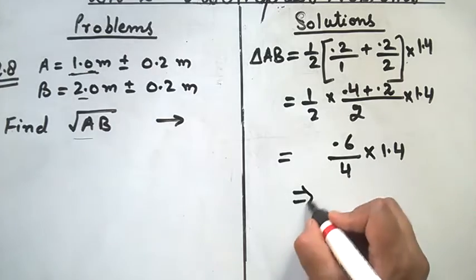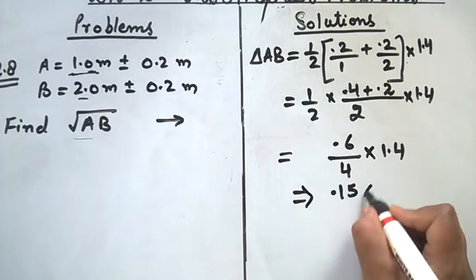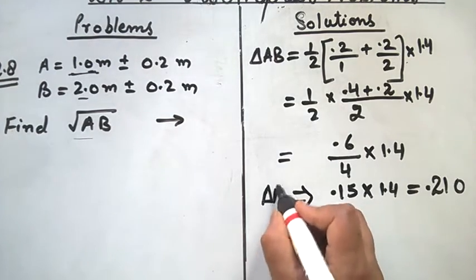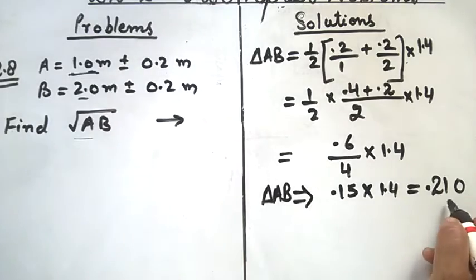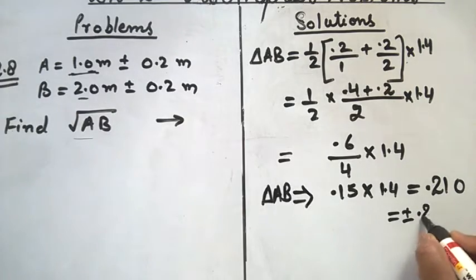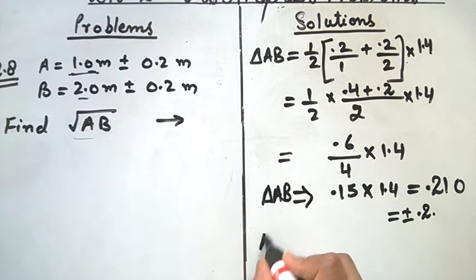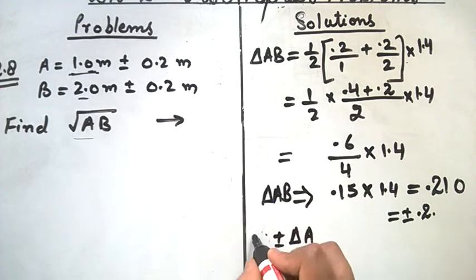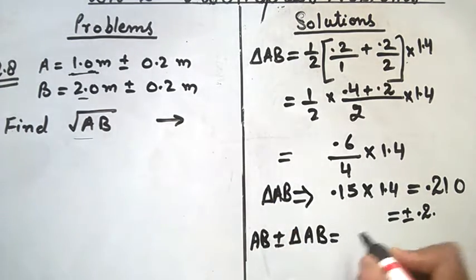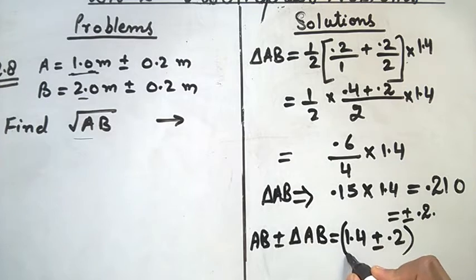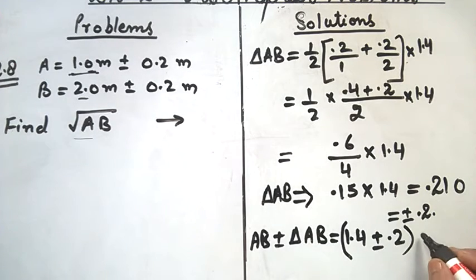On dividing, it is equal to 0.15 into 1.4, equal to 0.210, which is the error. Now round it off up to one significant digit, that is plus minus 0.2. So the final answer, AB plus minus delta AB, is equal to 1.4 plus minus 0.2, and the unit is meter.